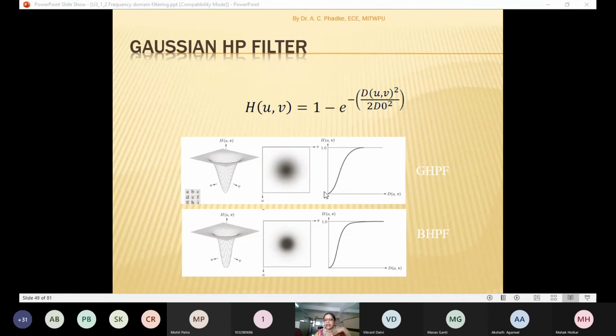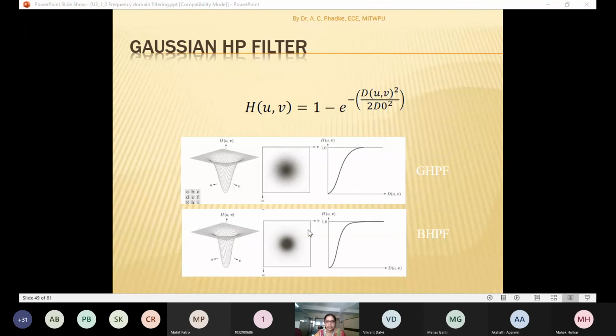On this side you will get a similar shape, or mirror image, of this shape. So all these three pictures represent the Gaussian high pass filter. Here it is represented in 3D form, here as an image, and here it is plotted as the filter function, a projection on only the vertical plane.